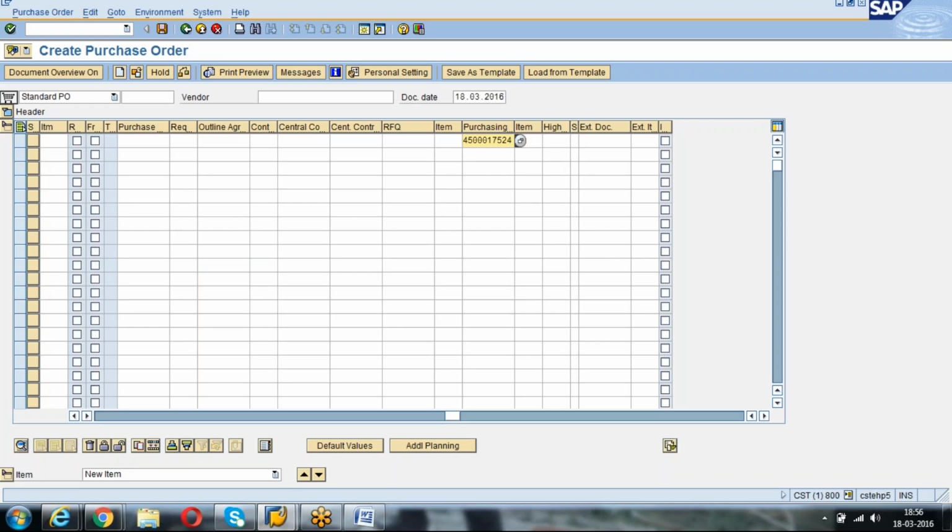First we create the purchase order, and then we will create the goods receipt and invoice verification, and then I will explain how to create a credit memo and the subsequent activities which we can do with MIRO. Now I'm going to create a purchase order with reference to another purchase order.